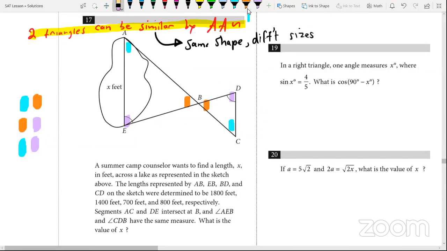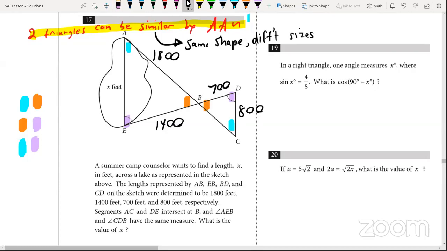The question says AB, EB, BD, and CD are 1800, 1400, 700, and 800. So let me fill those in again. AB is 1800. EB is 1400. BD is 700. And CD is 800. So a little bit better. And we can fill them in again.